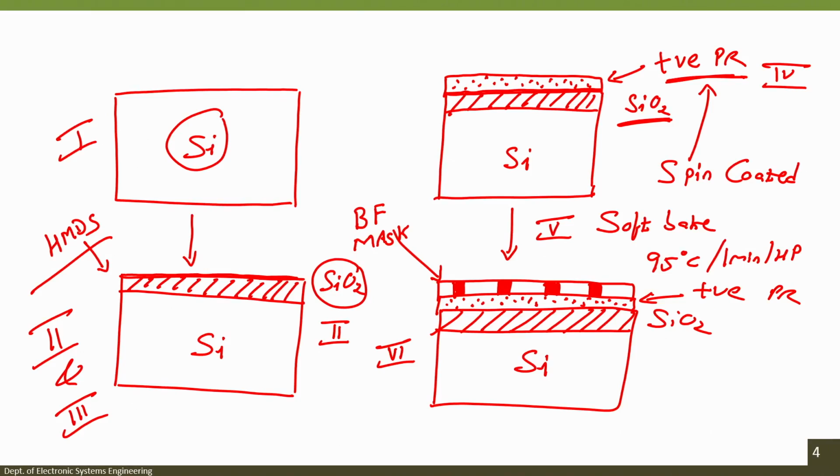After loading the bright field mask, we can expose this wafer with UV light. When you expose this wafer with UV light, the next step would be to develop the wafer.